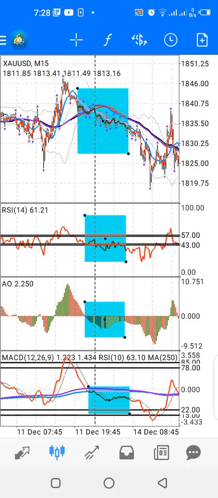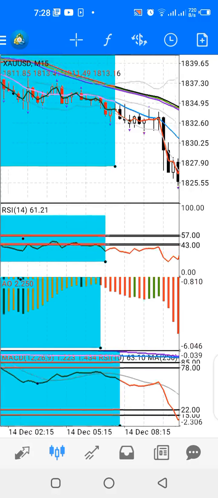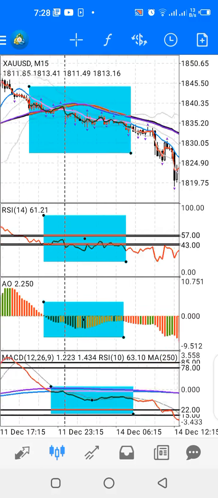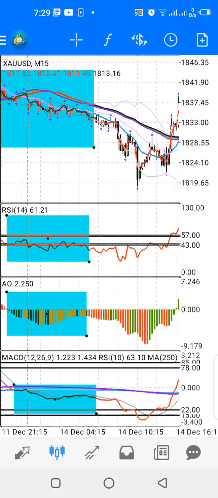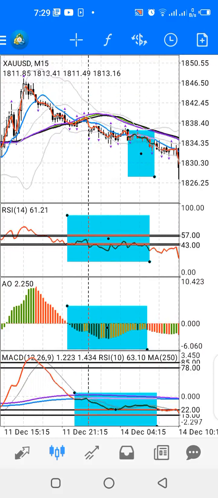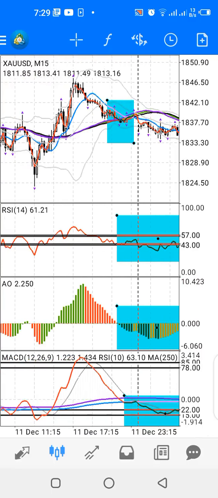So when the blue line and the red line cross down on the green, purple, black lines like you have around here, that will give you your sell signal.